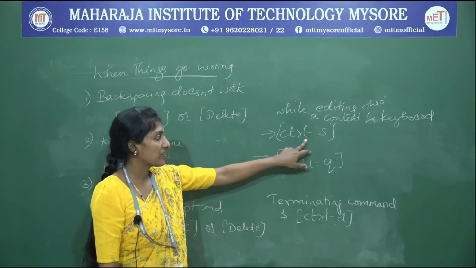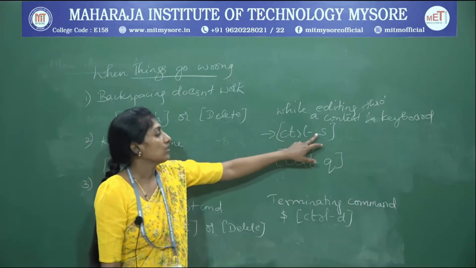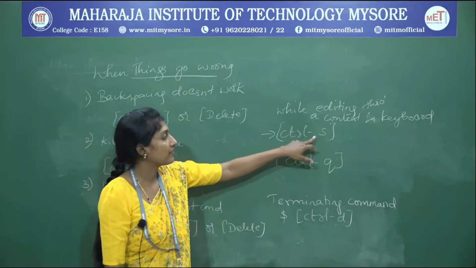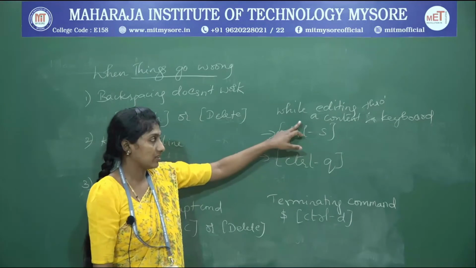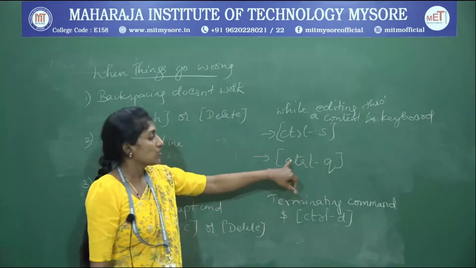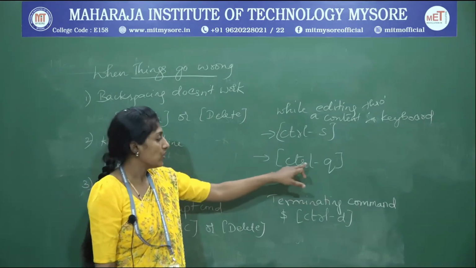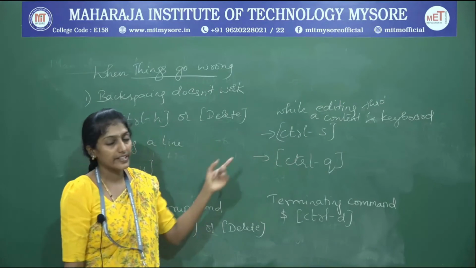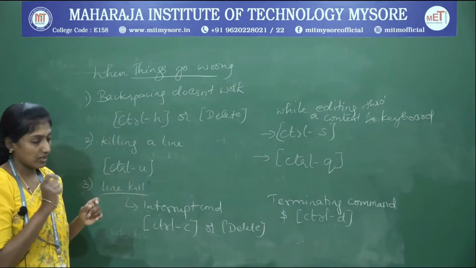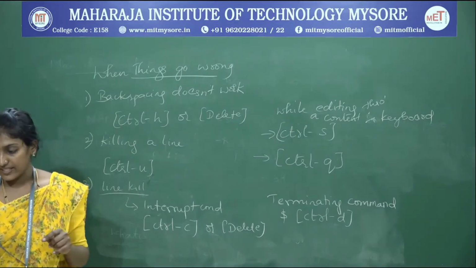A few times we might have used the S key along with Control, and this might have locked the complete editing of the content through the keyboard keys. So at that time, just to restore it, you can press Control Q. This Control Q will restore the editing for typing the content using the keyboard keys.